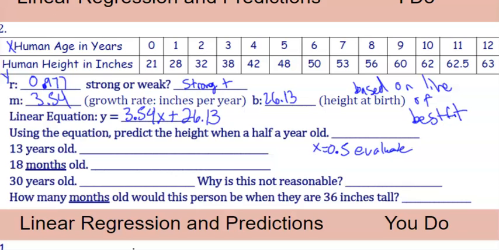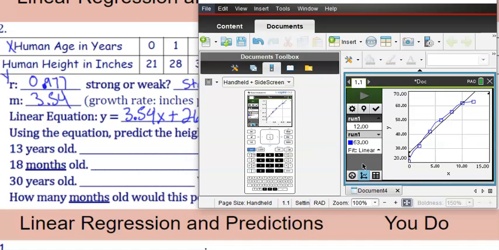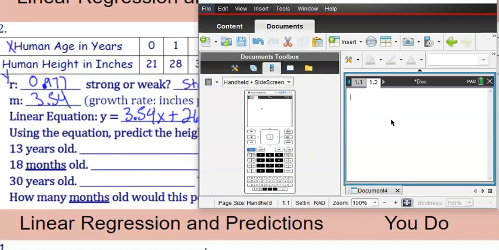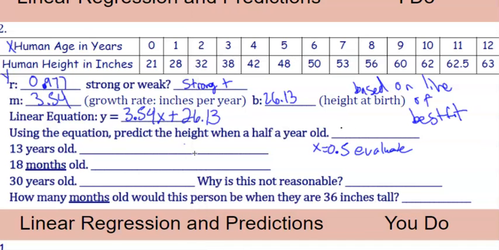So we go ahead and put that in the calculator. So it'll be about 27.9 inches.